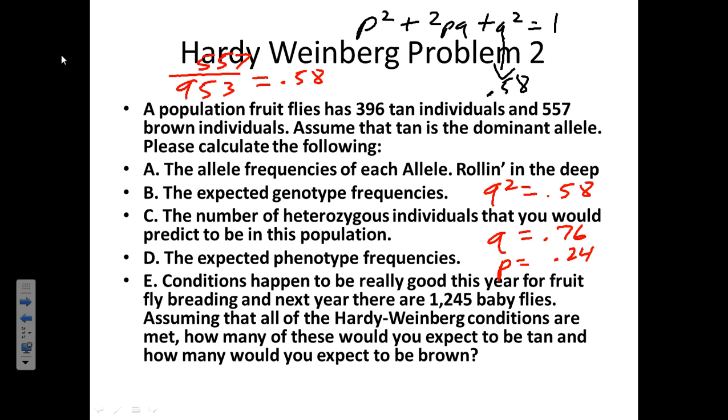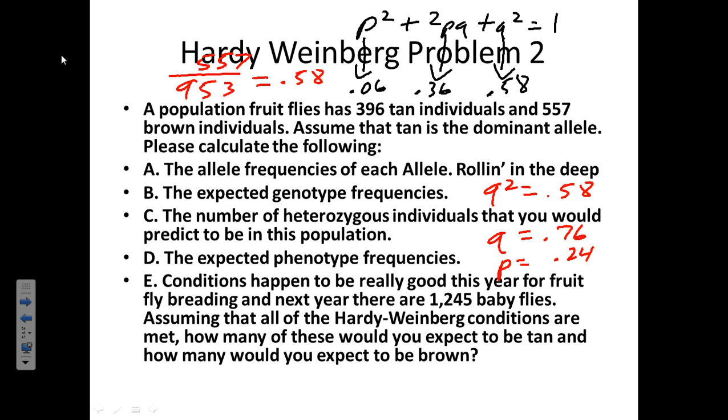To get the heterozygous ones, 2 times p times q: 2 times 0.24 times 0.76 gives 0.36. For homozygous dominant, it's p squared: 0.24 squared is 0.06. So we would write the answer as 0.06 homozygous dominant, 0.36 heterozygous, and 0.58 homozygous recessive.